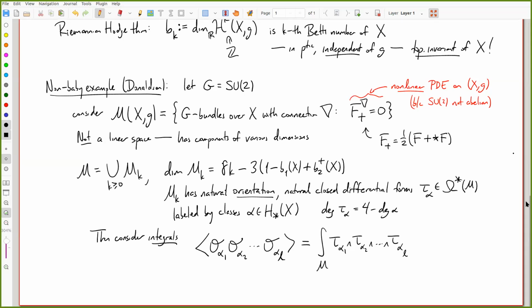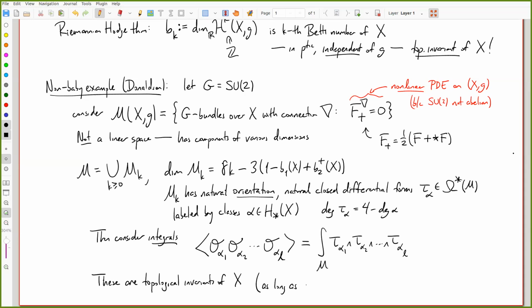And now the crucial thing is that just like in the linear case, maybe unexpectedly, we get some topological invariance here. So these are numbers which are defined a priori using a metric on the four manifold. But then in fact, the statement is that these are topological invariants of X. There's a technical condition.